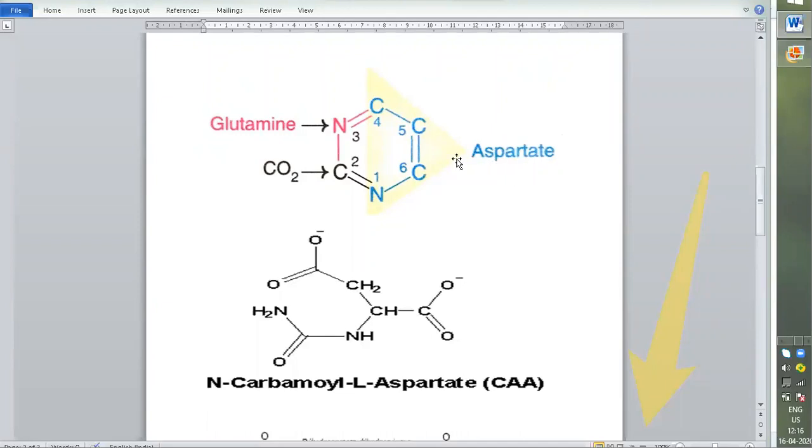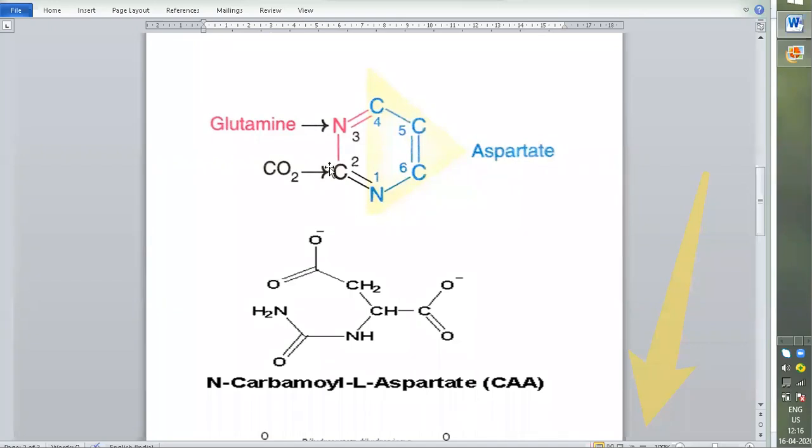So only 3 carbons and 1 nitrogen are involved in the pyrimidine ring. Finally, we have 3 important sources for the formation of the pyrimidine ring.